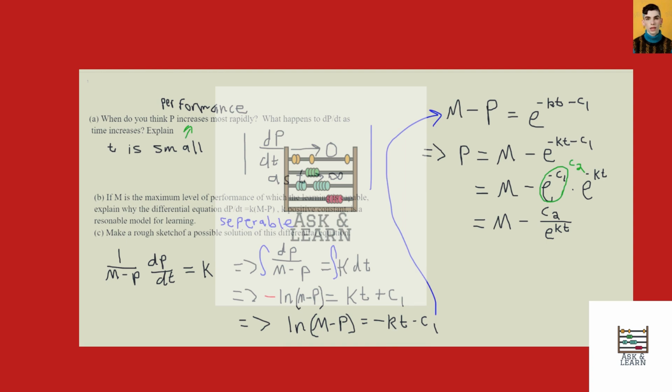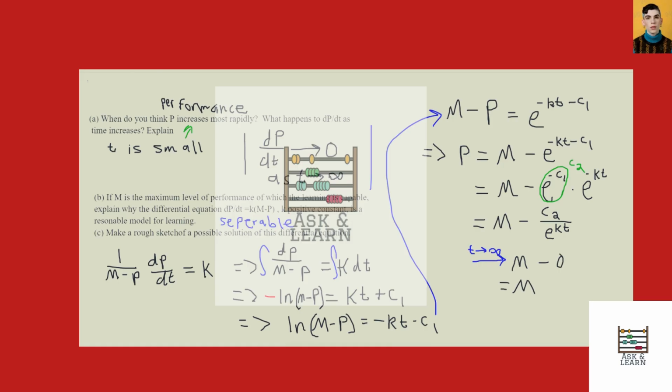So as time goes on, so t goes to infinity, if I take the limit, M, since it's a constant, will still just go to M. But this here, C2 is a constant, and e to the Kt will get very large. So I'll have C2 over some very large number. So this here would go to 0.